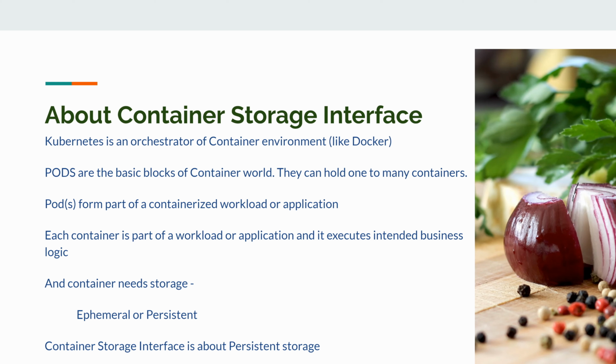And obviously any application in computer science, along with networking and computing, will require storage as well. There are two types of storage in this environment. One is ephemeral, which is temporary storage that is there for the application to run, and when the application terminates, the storage goes away.